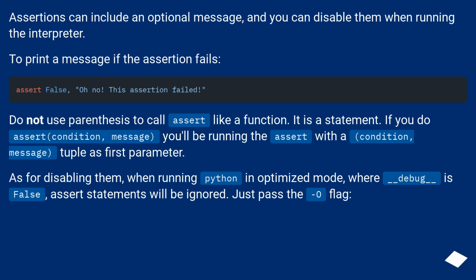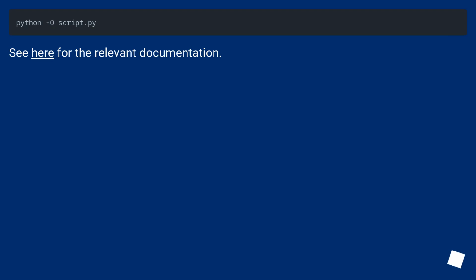As for disabling them, when running Python in optimized mode, where __debug__ is false, assert statements will be ignored. Just pass the -O flag. See here for the relevant documentation.